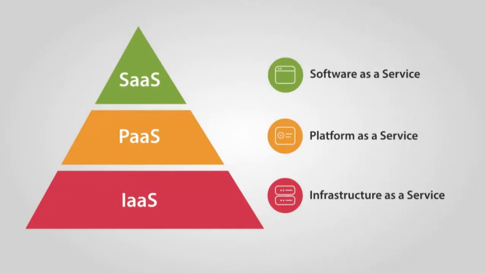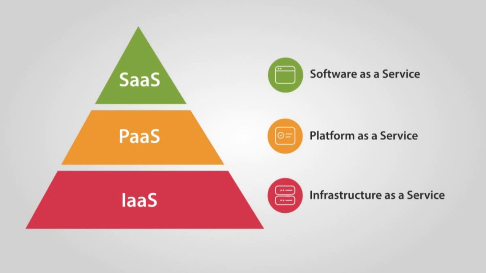Service models. Cloud computing offers different service models catering to specific needs. The first one is infrastructure as a service, or IaaS, which provides virtualized computing resources over the internet. It means the infrastructure is available remotely, like the data storage and the hardware services; the whole infrastructure is available on a remote server.